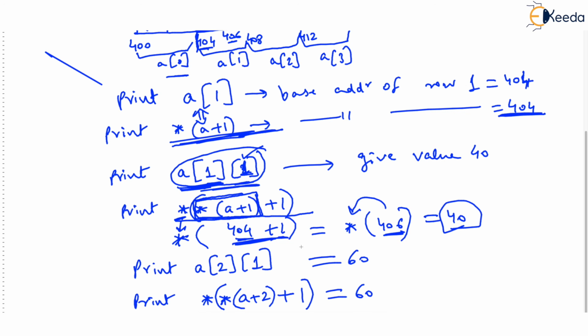What you have to understand here is that if I write, I'm erasing this slate, a notation such as A[i][j], where A is the name of a two-dimensional array, then I am trying to find out what is the value stored in the ith row and jth column.